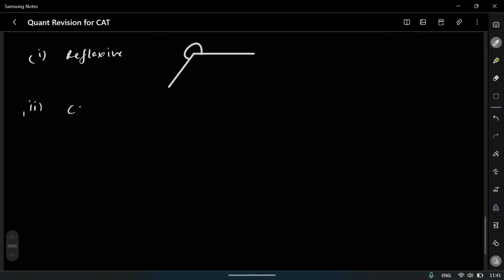Second thing is complementary, which means the sum of the two angles is 90 degrees.